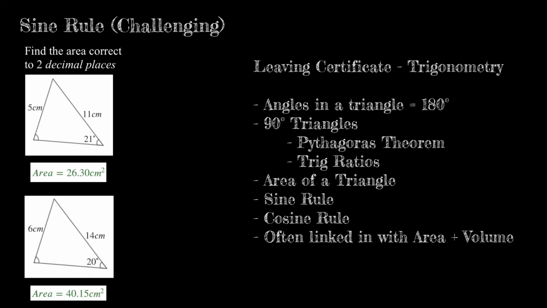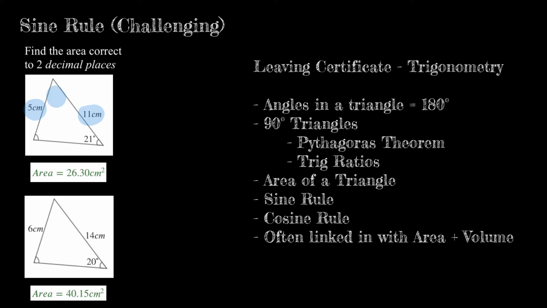So we'd be looking at two sides and we need this angle here. In that case I have to have two sides and the angle in between. So you can see that I can't get the area of the triangle straight away; I have to do a few other steps first.